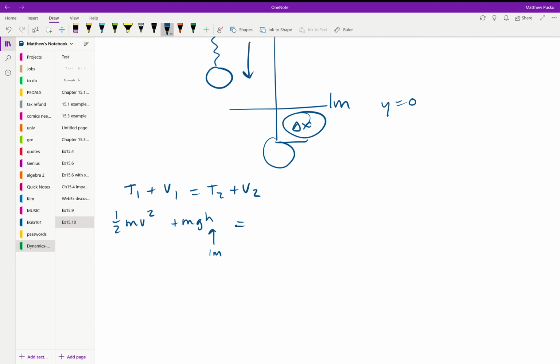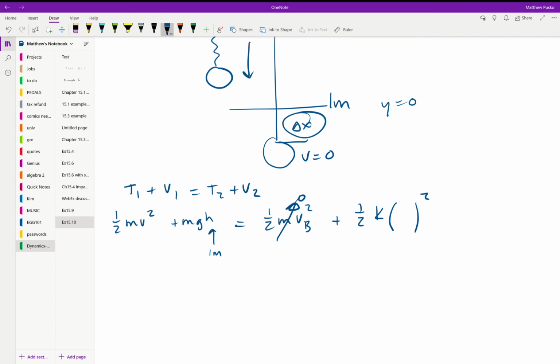The velocity here is going to come to 0 when it's at its final stretch, so we can cross that whole term out. All of the energy is turning into some 1/2 kx squared.